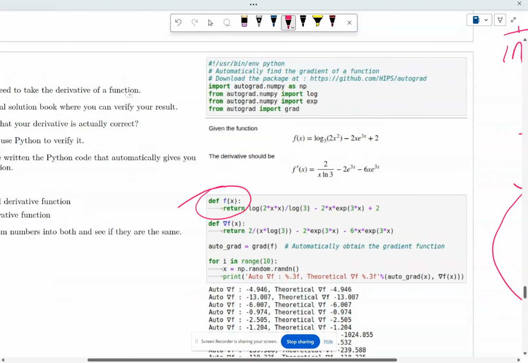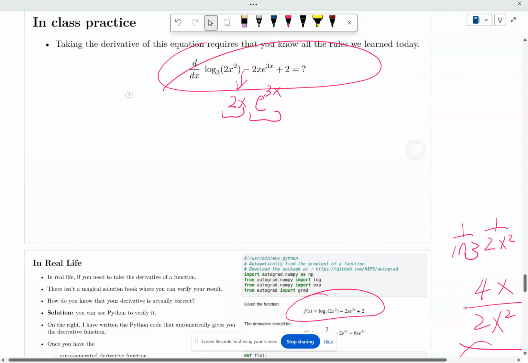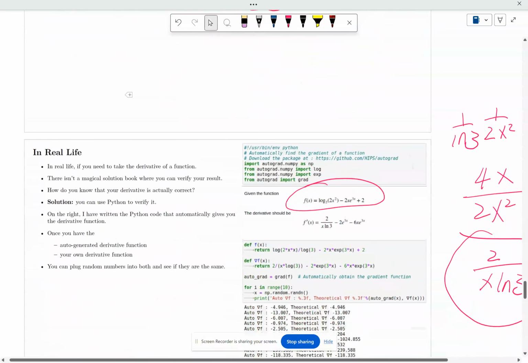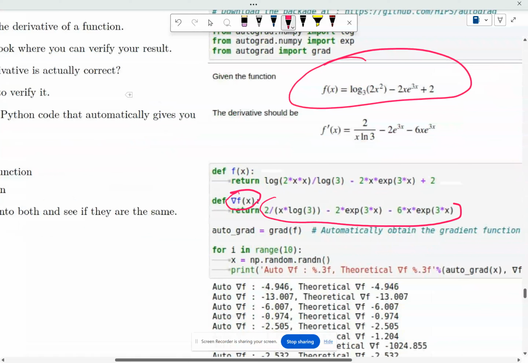This function is the function we're trying to take the derivative of. So you define the function, and then you define the derivative which you found. So you have both.